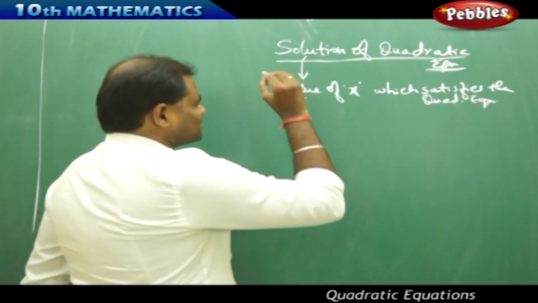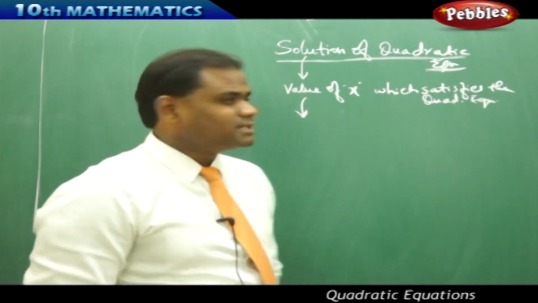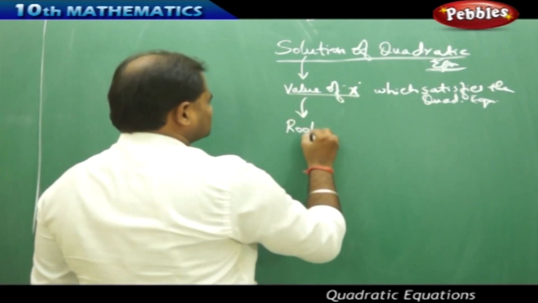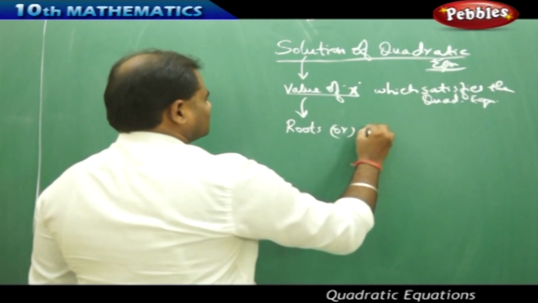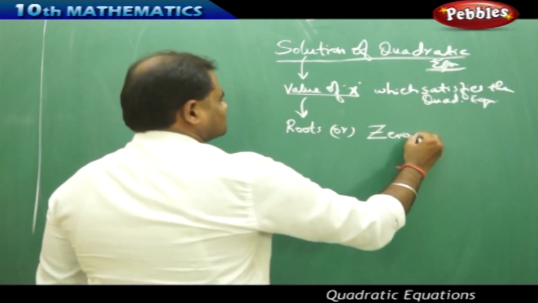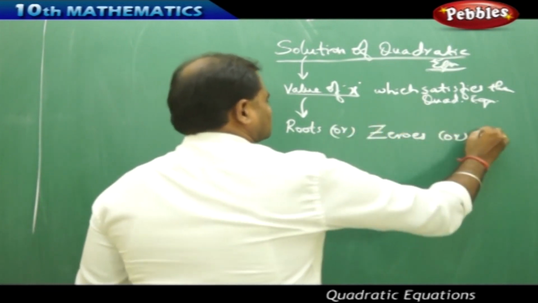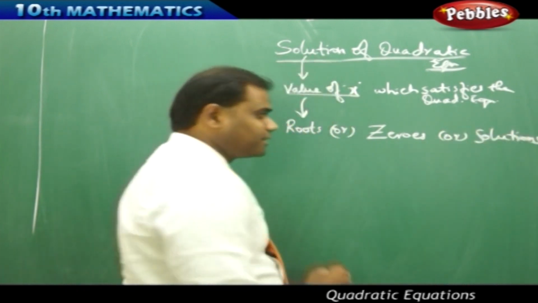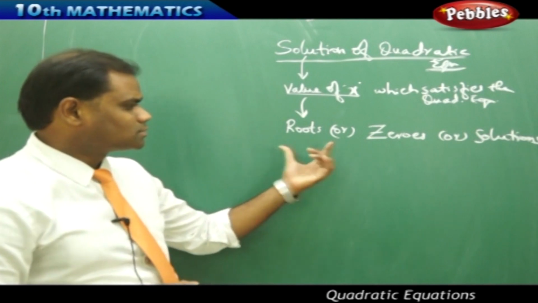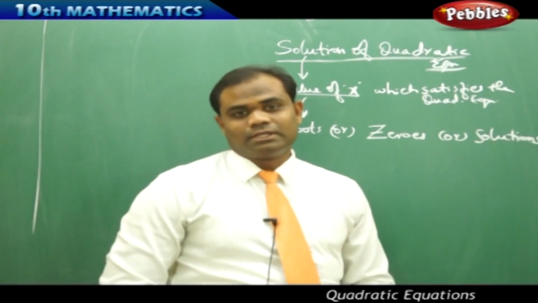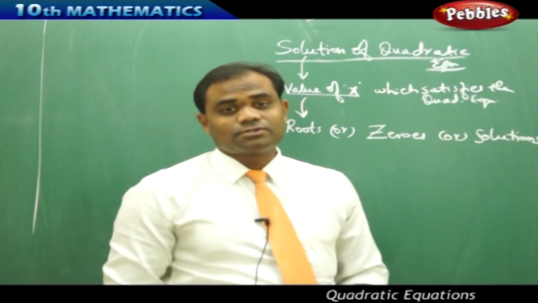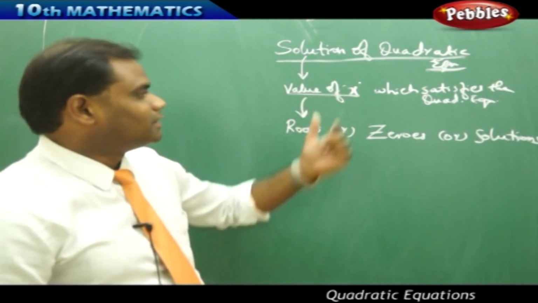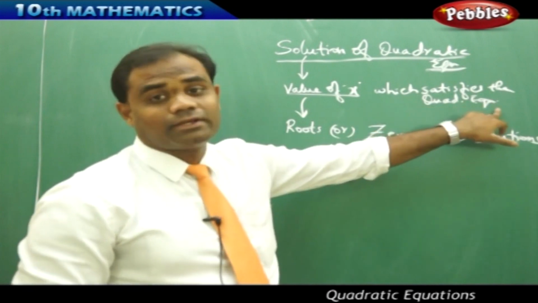Now, these values of x are also called roots or zeros or solutions. So they have three different names: the roots, the zeros, or solutions. When I say find the roots of the given quadratic equation, it is nothing but finding the values of x which satisfy the quadratic equation.